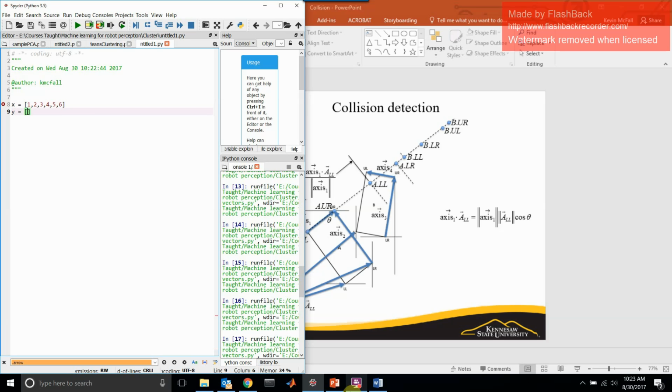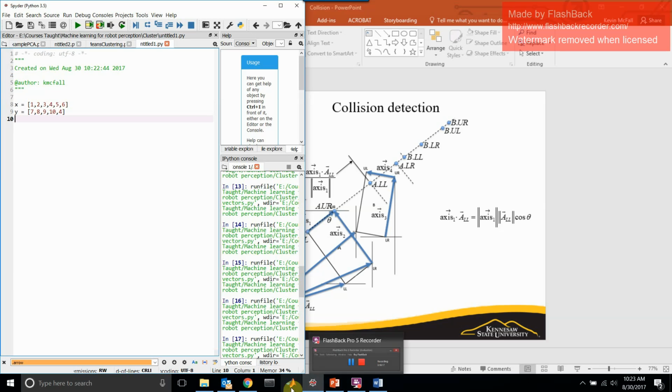Y is equal to 7, 8, 9, 10, 4. Okay, so why don't we go through and check to see if... So we've got a vector of 6 things. We've got another vector of 6 things. And let's see if we can find anywhere where they're the same number. So that's kind of like what we're doing. We're going to find any places where there's the same number in both of these vectors.